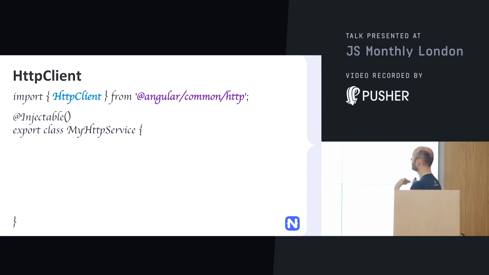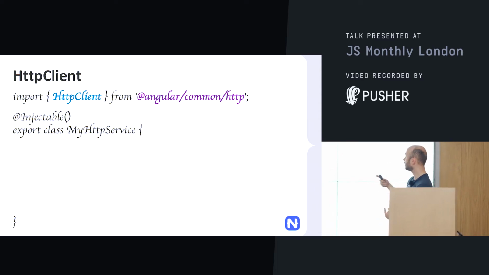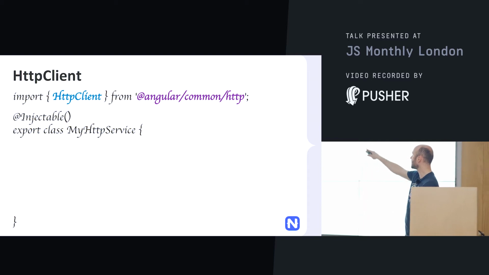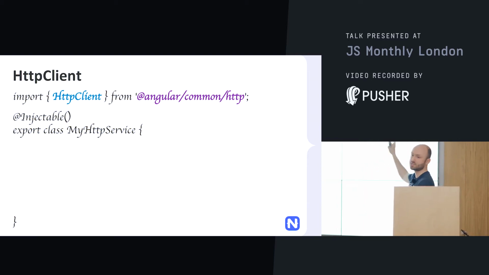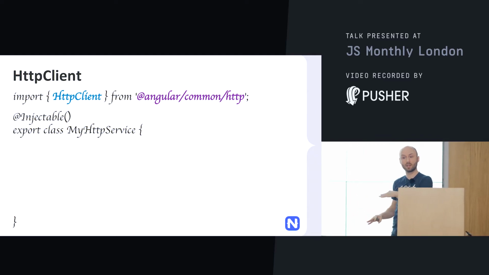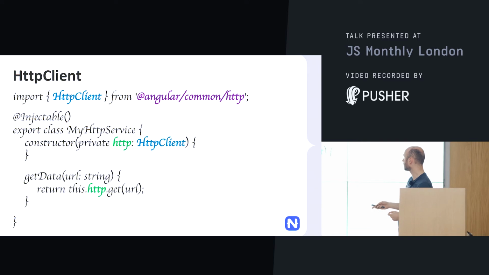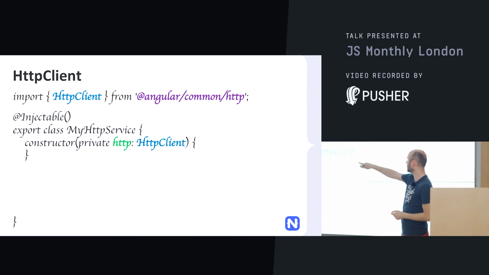And then in my actual application, when I have my service that can take care of the data, what I do is I'm just importing HTTP client from Angular Common HTTP. And this is the same client for both web and mobile. It implements the same API. And then in my constructor, you see I'm using dependency injection.